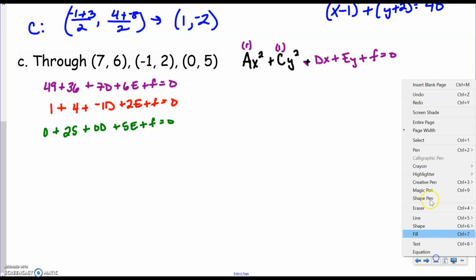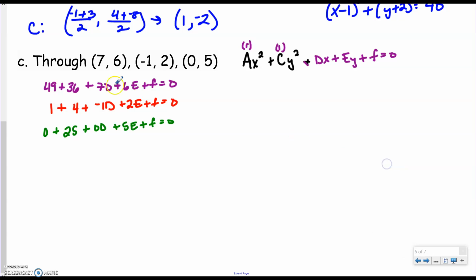Now what we can do is simplify these so that they're a 3x3 system. So I'm going to move all of my constants to the right side and rewrite this. My first equation becomes 7d plus 6e plus f equals -85.